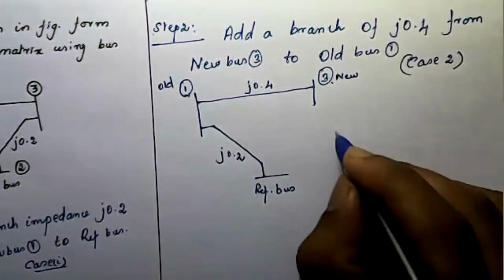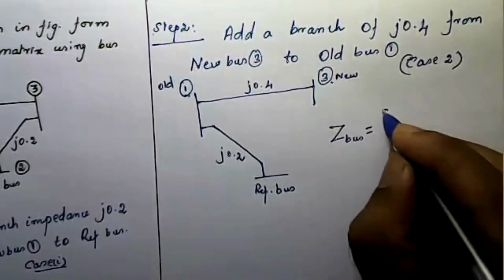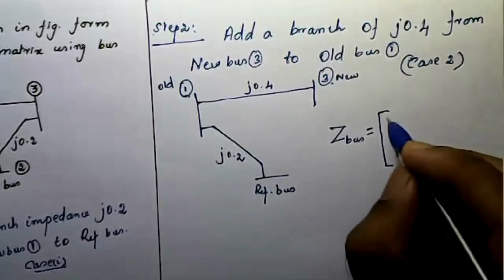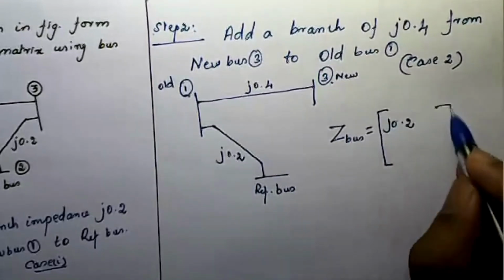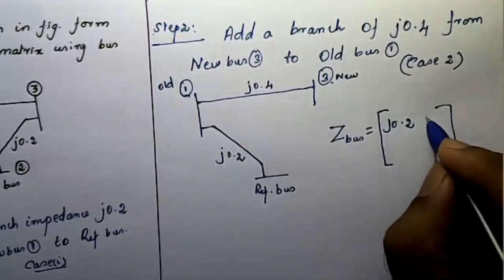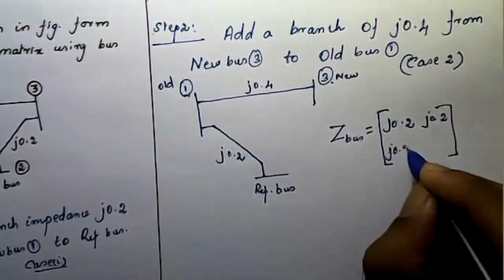In case number 2, the bus impedance matrix Z bus is equal to the original matrix, just copied from the previous step, J0.2. Then the new column and new row elements are just copies of the previous column element and the previous row element.